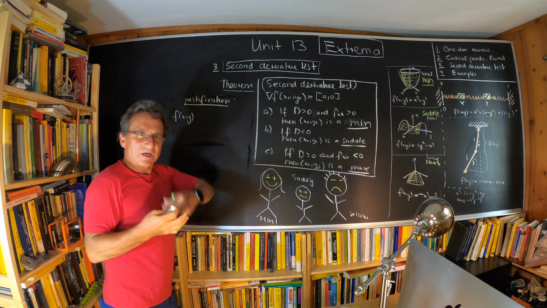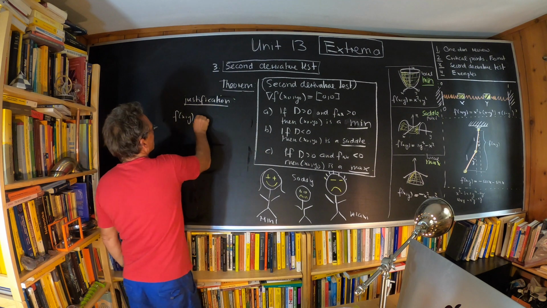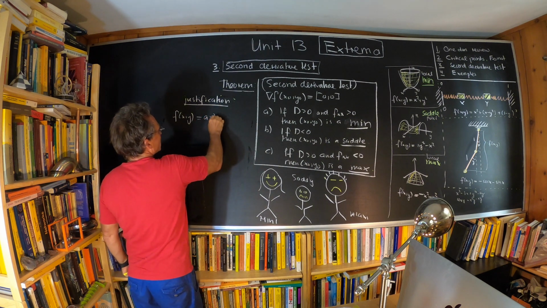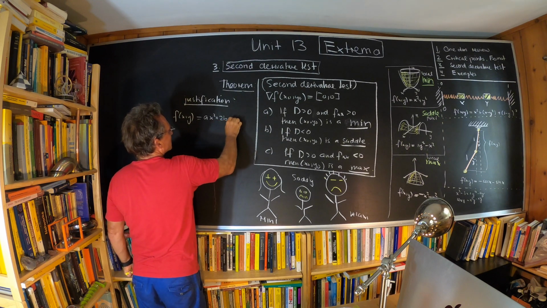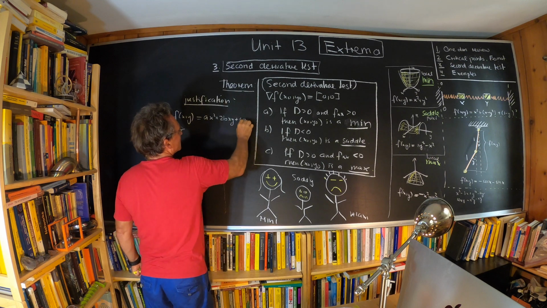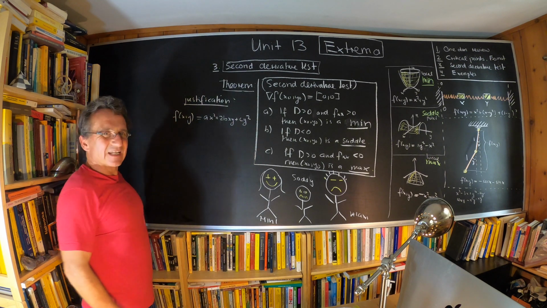We can just assume that it's a quadratic function. This can be justified by a theorem called Taylor approximation. And then there is a little trick here.